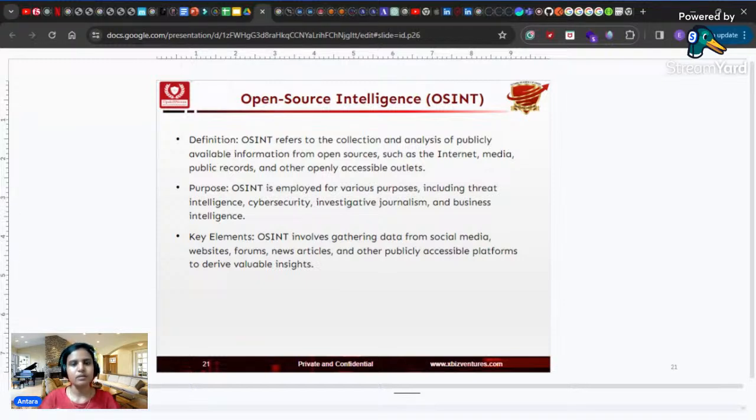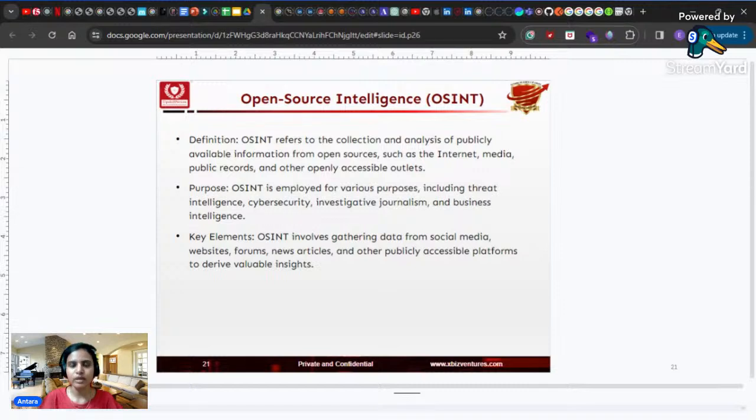OSINT is collecting information from the internet on an available target, and based on the collected and identified information, doing a thorough analysis on it, finding weaknesses in the identified resources and assets, and then trying a couple of exploits on it, right? So it has a major area, right?